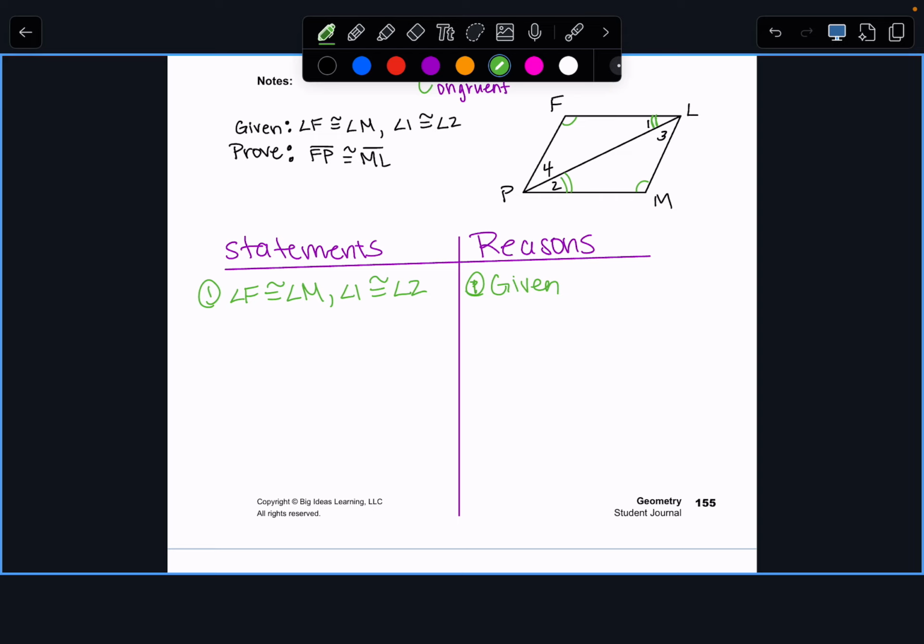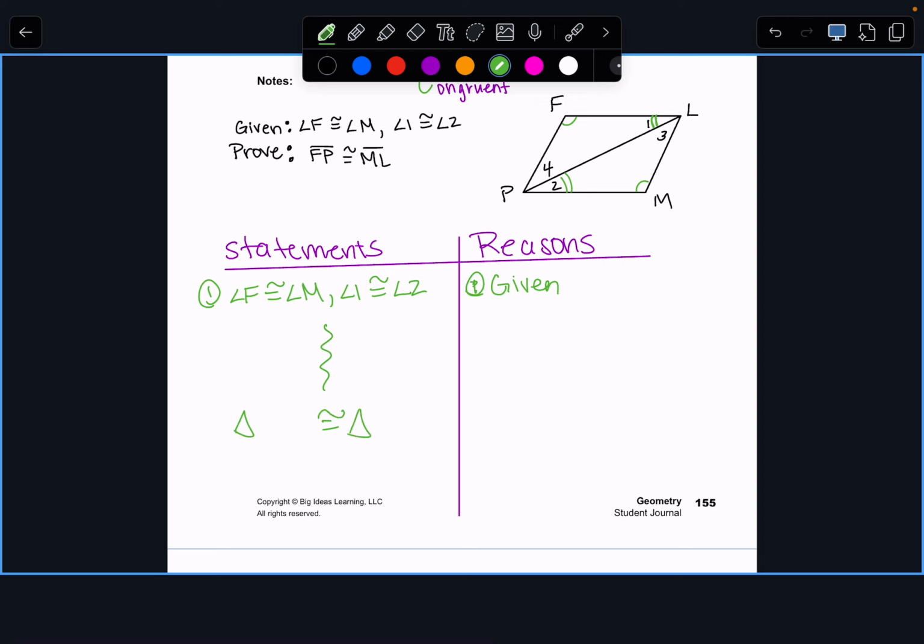Now, the first thing we need to worry about is proving that the triangles are congruent. So this is what I'm going to tell you right now. Whatever we do, our second to last step is going to be our two triangles congruent.